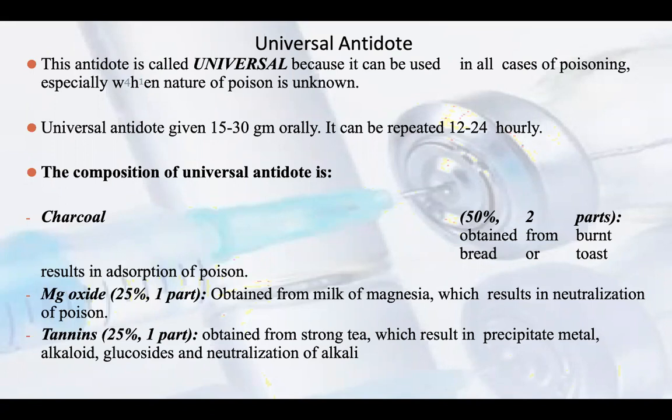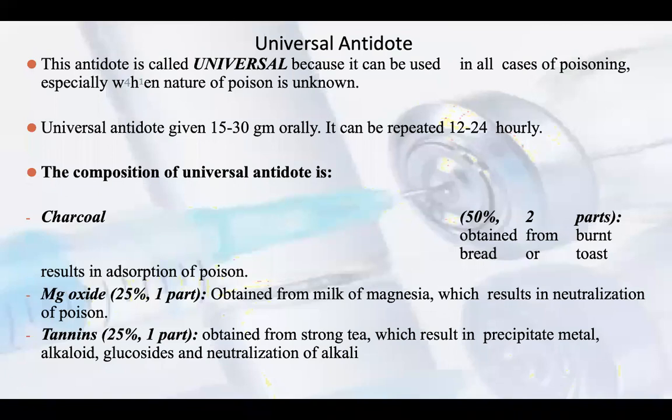The composition of universal antidote is charcoal, 50%, 2 parts, obtained from burnt bread or toast, which results in the absorption of poison. Magnesium oxide, 25%, 1 part, obtained from milk of magnesia, which results in neutralization of poison.